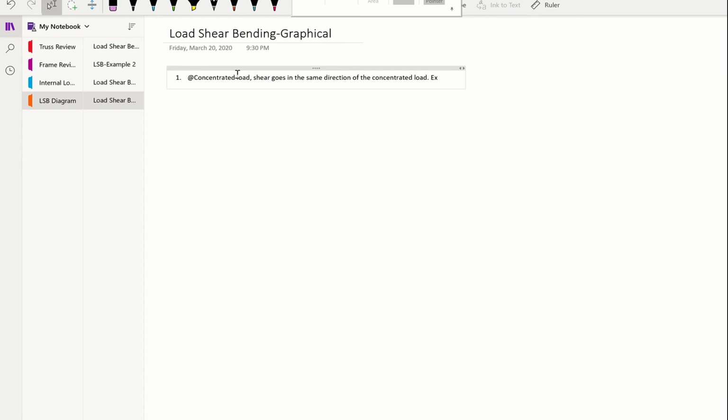For example, if this concentrated load is downward, that means the shear is going to go downward, okay?